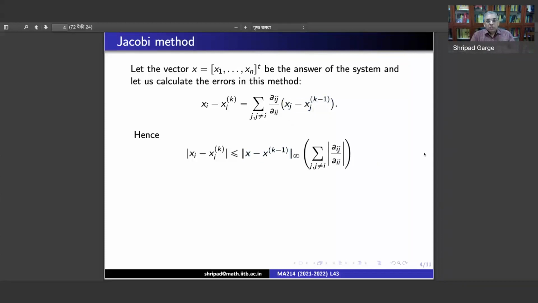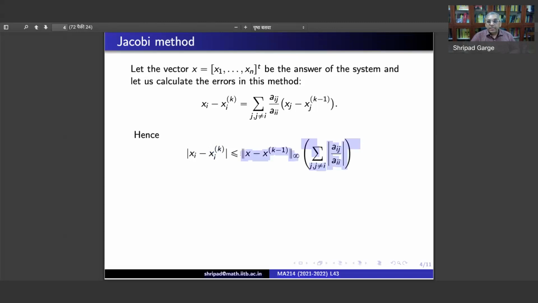So we have the ith component of x minus x^k under modulus sign less than or equal to the L infinity norm of x minus x^(k-1). This is the distance of x^(k-1) from x. And we have the ith component of the kth approximation subtracted from the ith component of x.